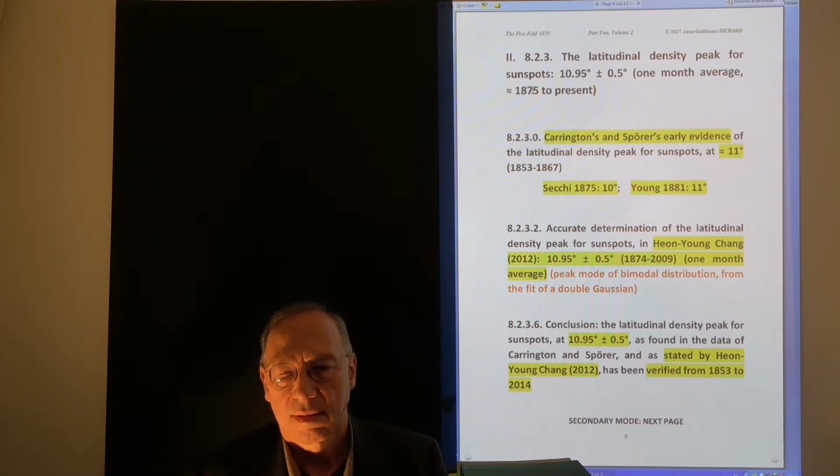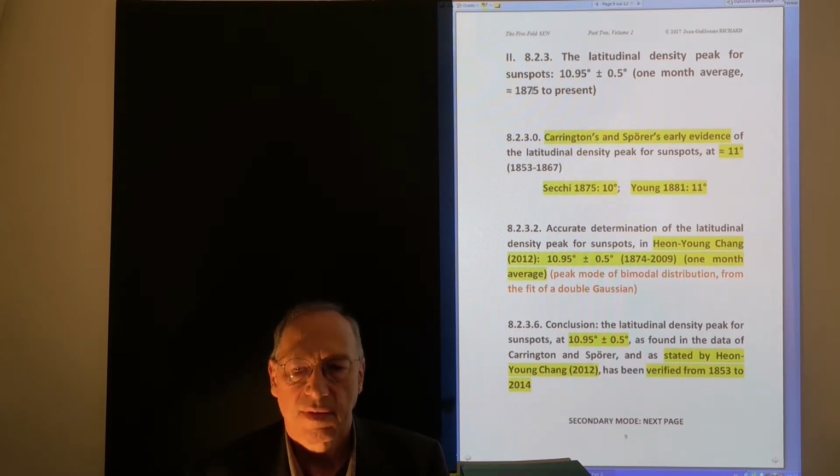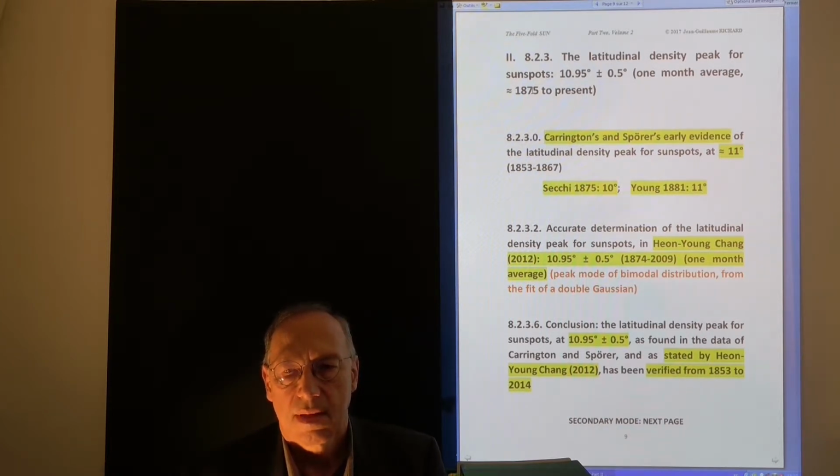This is the secular, statistically characteristic latitude for the density peak for sunspots, and it has been verified for much more than 100 years, so it is a robust statistic. It is surprising that for more than 100 years scientists were not much concerned with this quantity.